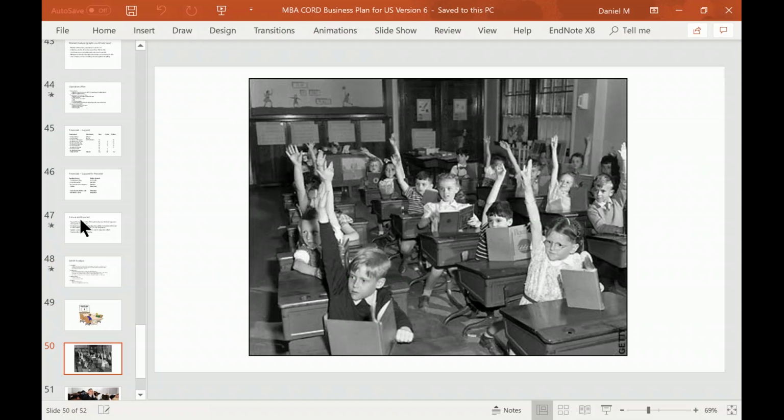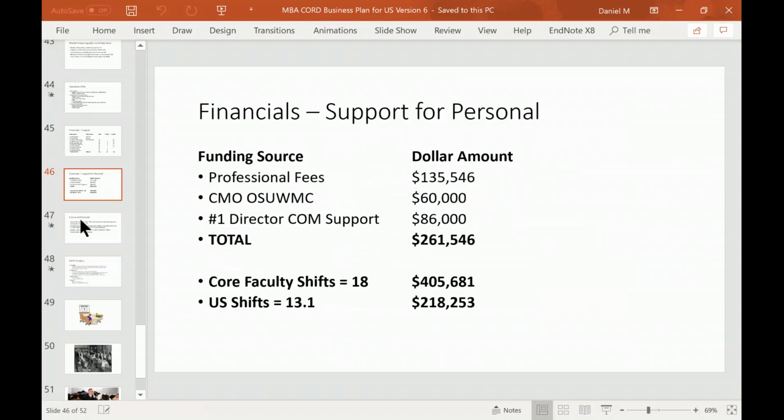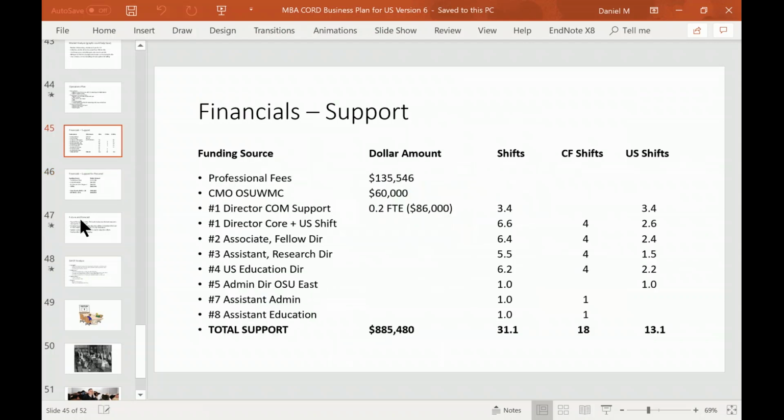Hey Dan, can you go back to your finance slides? I guess slides 45 and 46. So you've got 885,480 down at the bottom of that, and then you go to the next slide. I appreciate this isn't in a spreadsheet. Go to 46 right now. The very next slide.